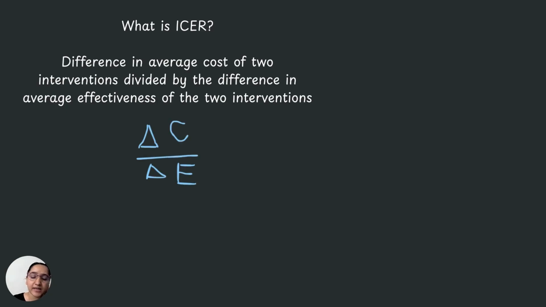It is commonly expressed as delta C over delta E. So ICER is basically the additional cost required for an additional effectiveness for the intervention B compared to intervention A.